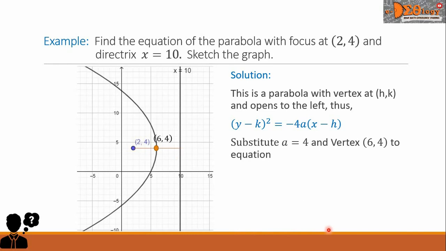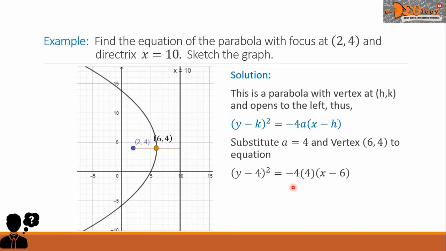Now let us substitute the value of a equals 4 and vertex (6, 4) to the equation. So we have now the square of (y minus k) becomes (y minus 4) squared, equals negative 4a, which now becomes negative 4 times 4, times (x minus h), now (x minus 6).